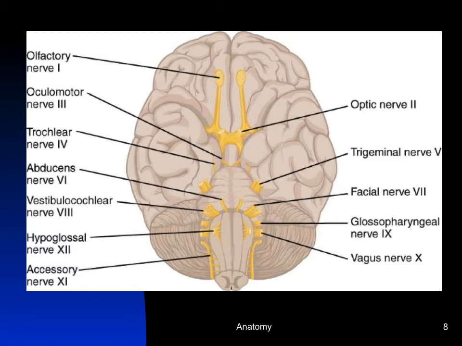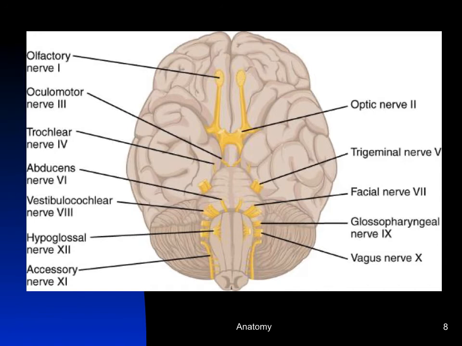The trigeminal is a mixed nerve that's going to various parts of the face. The abducens is going again to eye muscles. Then you have the facial, mixed nerve going to various parts of the face.